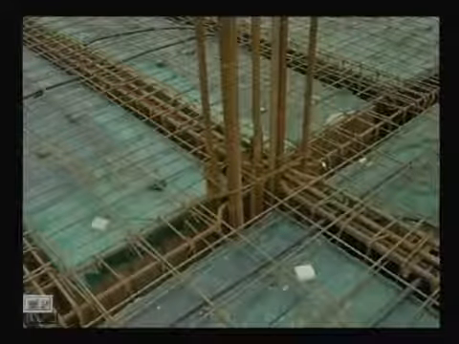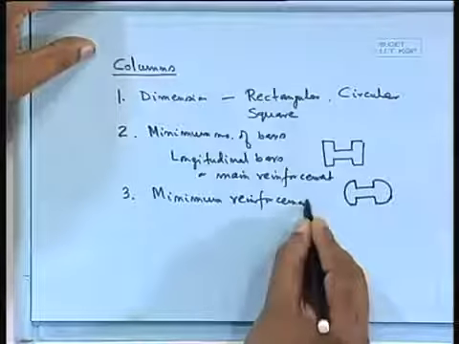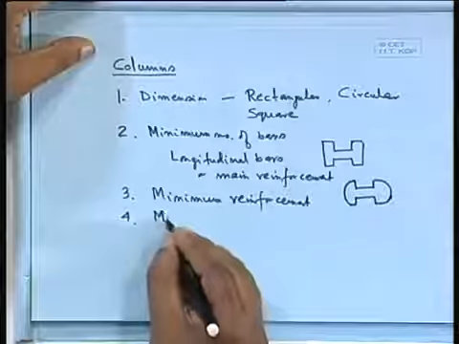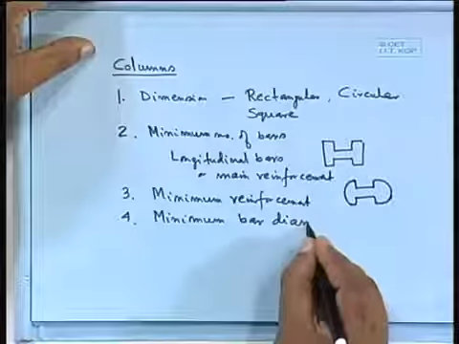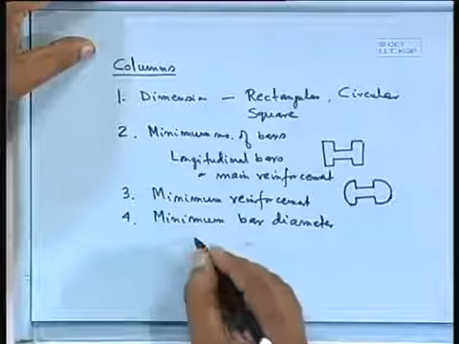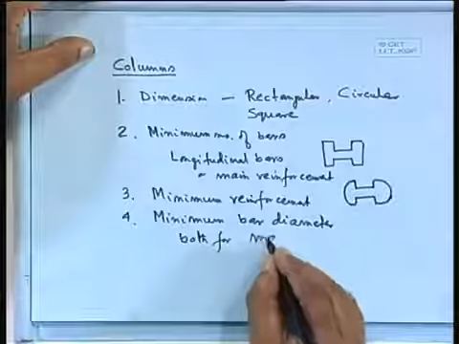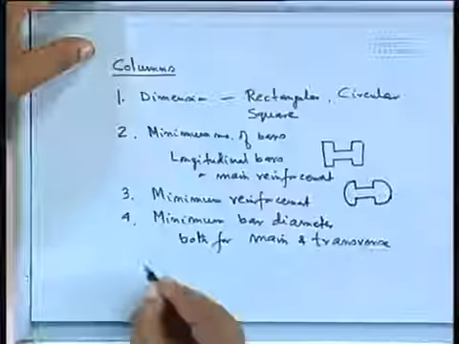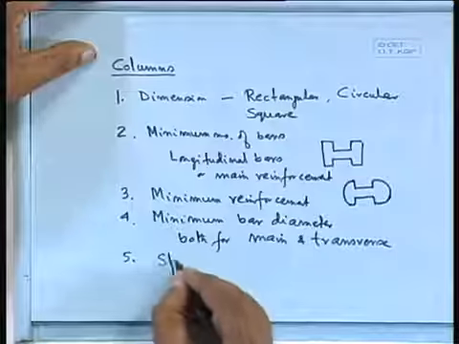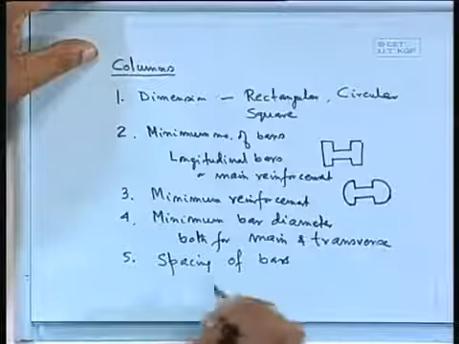Then we have the minimum reinforcement, minimum bar diameter, both for main and transverse, and spacing of bars.